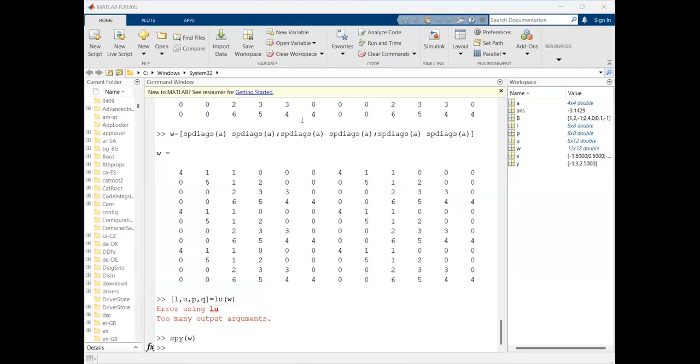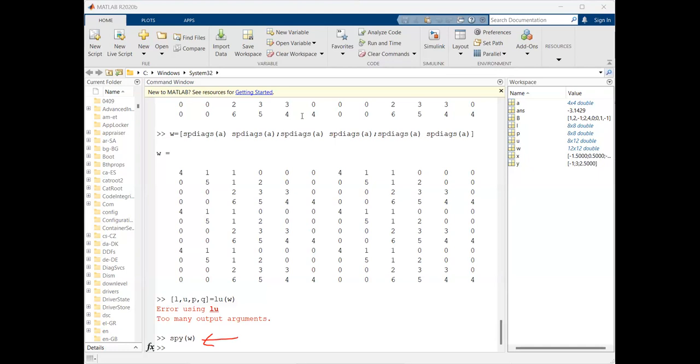Yes. Okay. So if you do spy, the MATLAB command shows you how the matrix looks. It shows you all the non-zero points in the matrix.